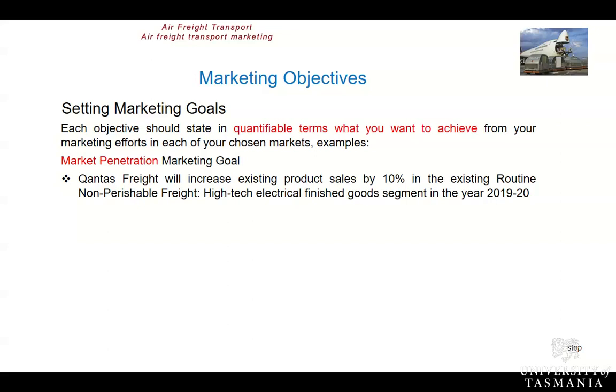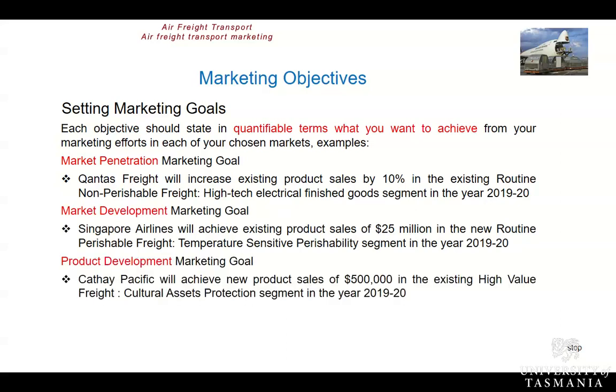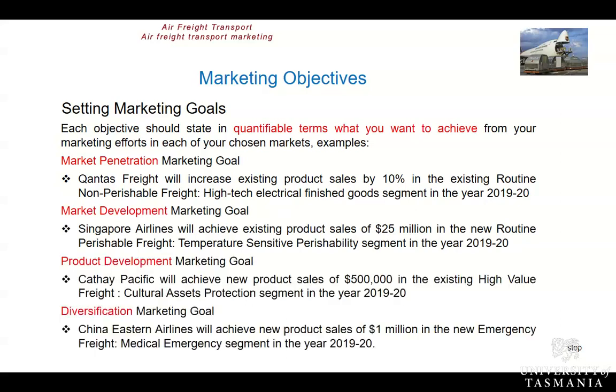So effectively what you're doing is writing a goal allocated to the market segment you've chosen to sell your products. That's if you've selected market penetration. And in the same manner, if it's market development, product development, or diversification, it's just a way of presenting your goals if that's your chosen approach.